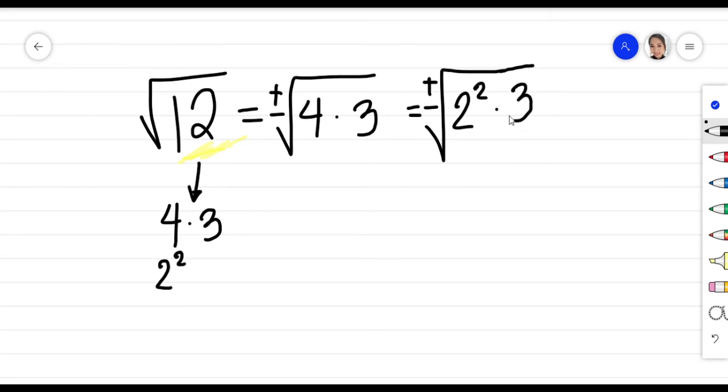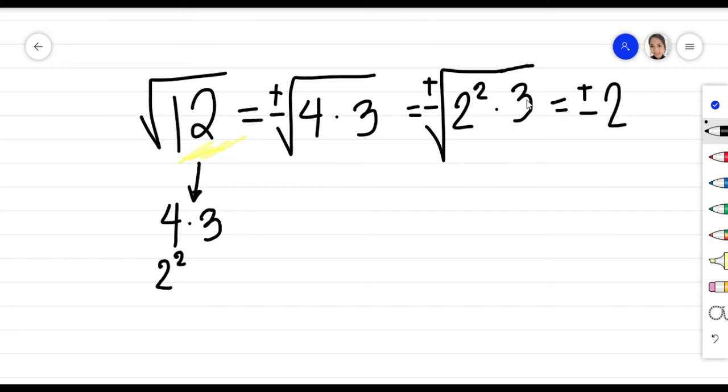Now we can extract 2 squared, meaning we can transfer it to the outside, but the result should be the square root of it. So we know that the square root of 4 or 2 squared, if it goes outside, becomes positive and negative 2.